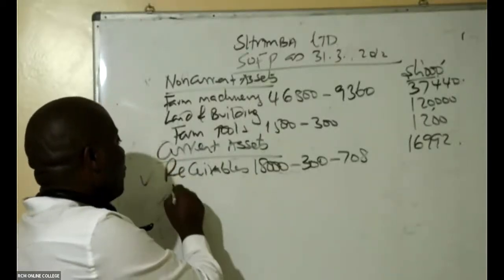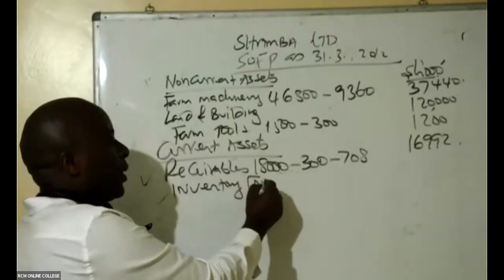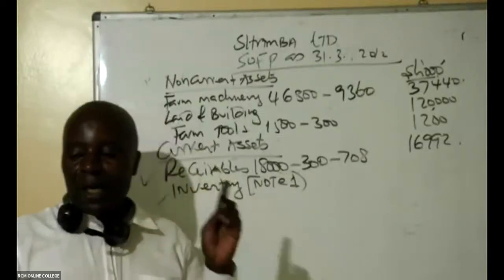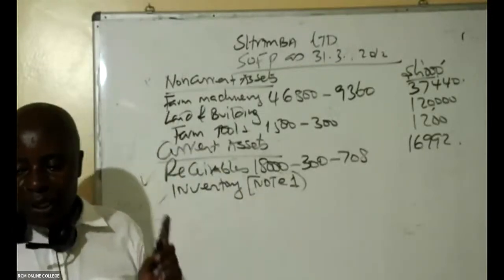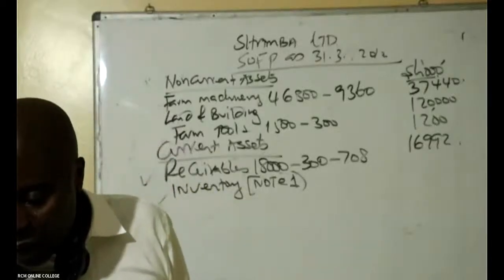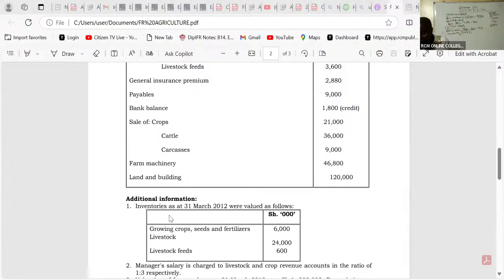Oh yes, inventory. Go to the notes. Specifically, note 1 is where you'll be able to get closing inventory. We don't bring opening inventory here. We shall always bring closing inventory. So closing inventory, ladies and gentlemen, note 1, you can see these ones here.